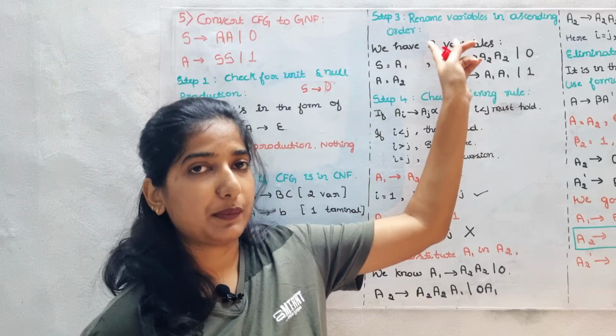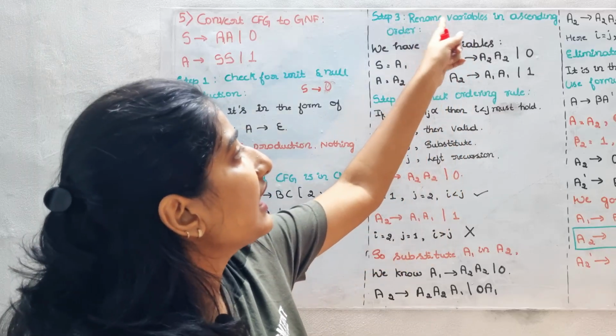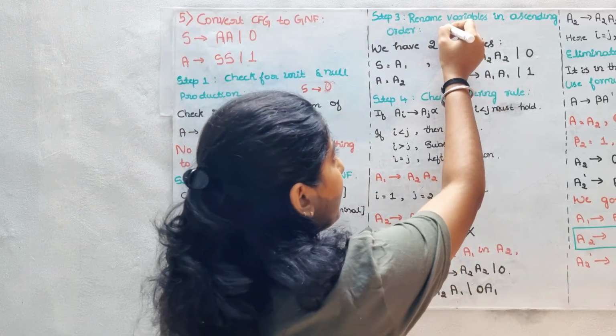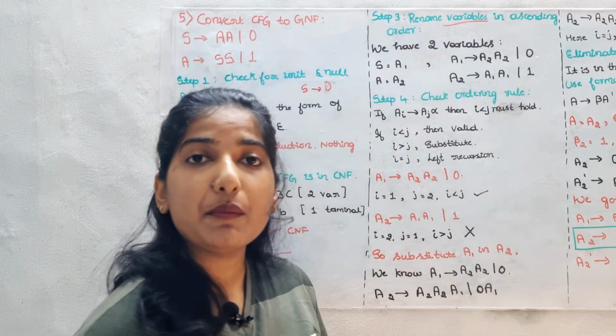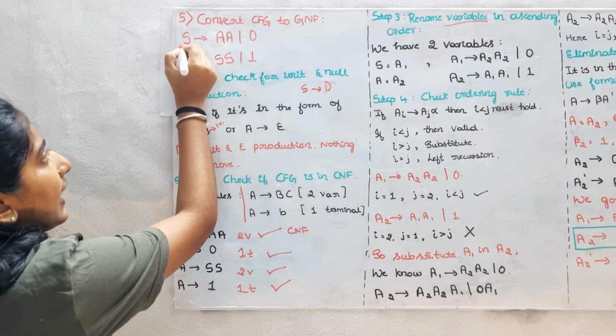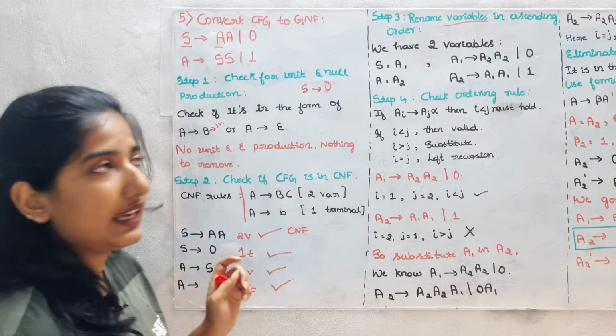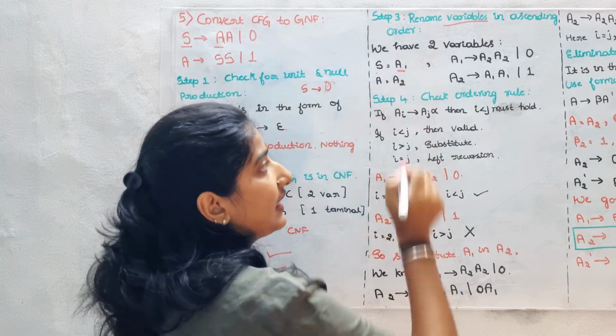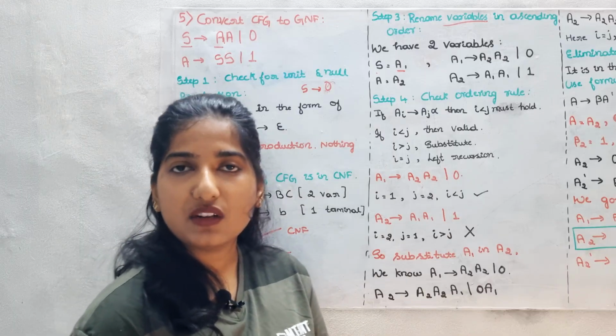Now move to step 3, that is rename variables in ascending order. Remember this one, we have to just rename variables only. So which are all the variables here? S and A are variables. So S is renamed as A1. What is meant by ascending order?